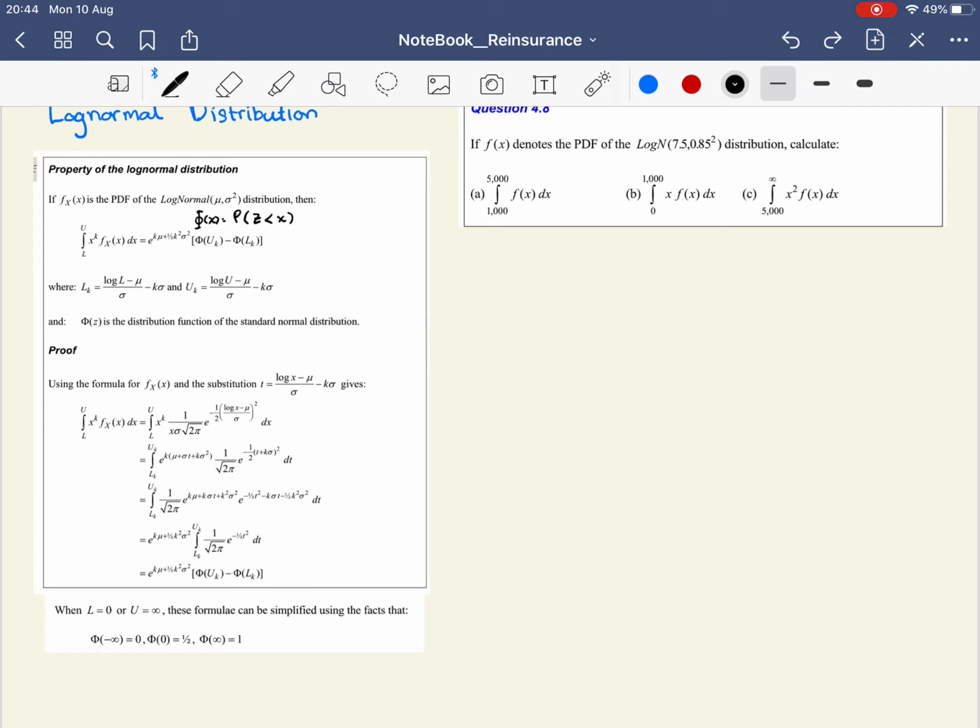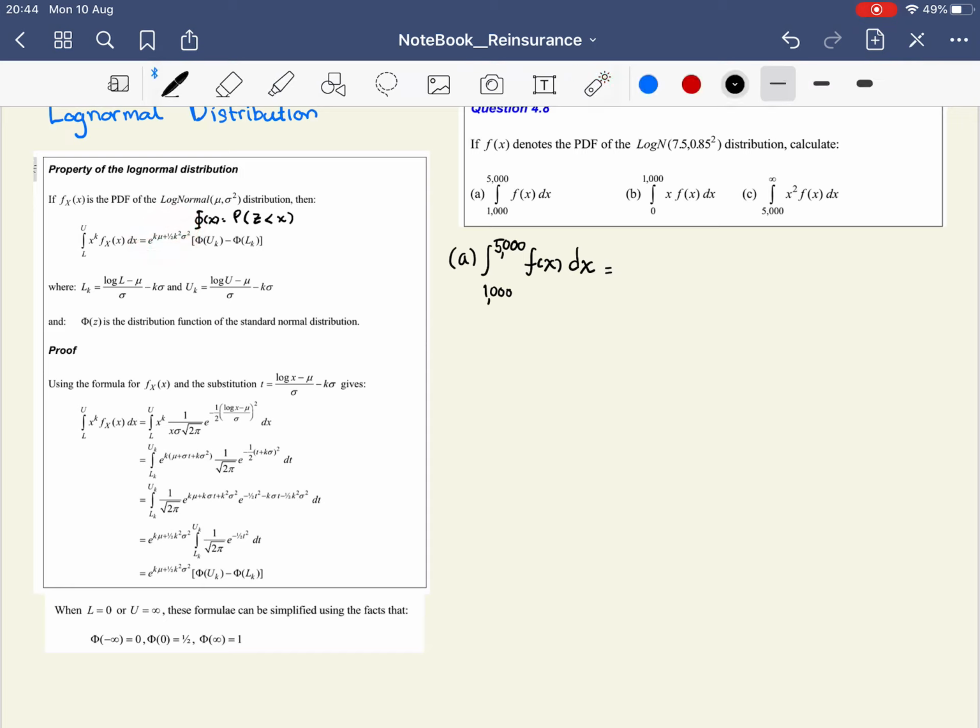Okay, so let's see how to use them by example. Here we have f(x), a PDF of a log normal with mu equal to 7.5, sigma squared equal to 0.85 squared. Part A asks us to find the integral from 1000 to 5000 of f(x). So this one is the case where k equals 0. So when k equals 0, we have this part going to 1 because we have e to the power of 0.